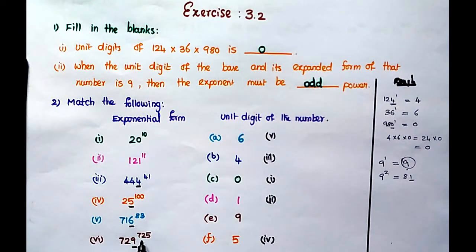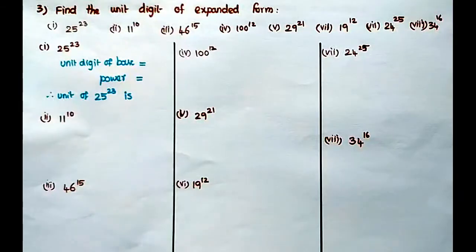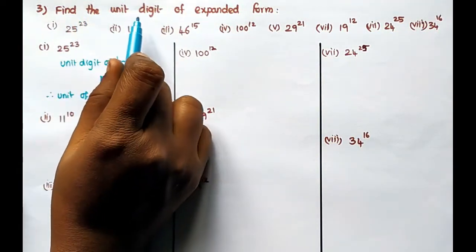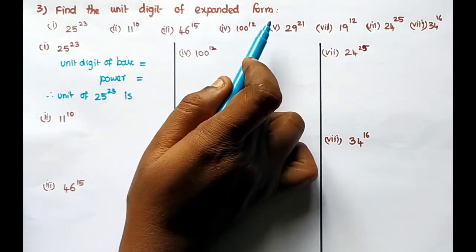Power is 725, that is an odd number. Odd number means the result of unit digit is 9. That is the answer.